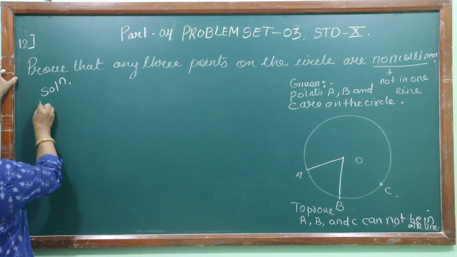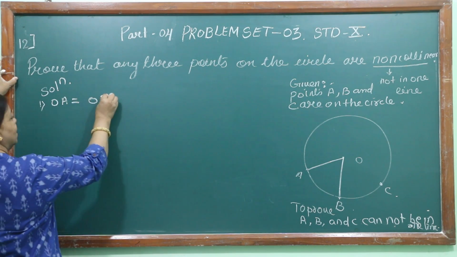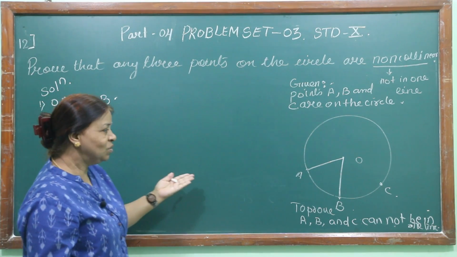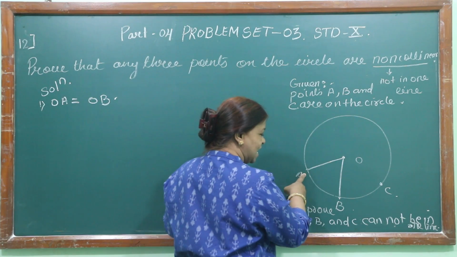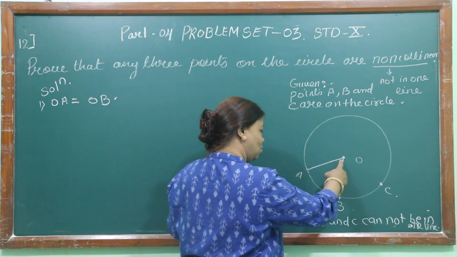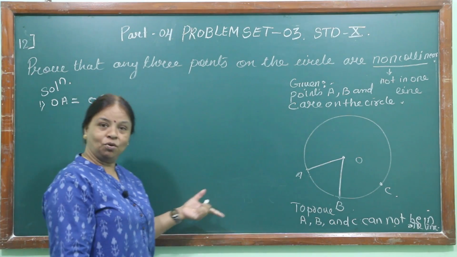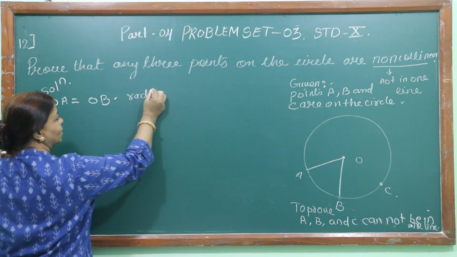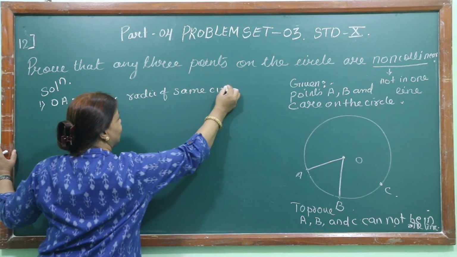So first point, OA is equal to OB. Can you give me the reason, children? O is the center, A is on the circle, B is on the circle, so OA is going to be radius, OB is also going to be the radius. Therefore, OA is equal to OB, radii of same circle.